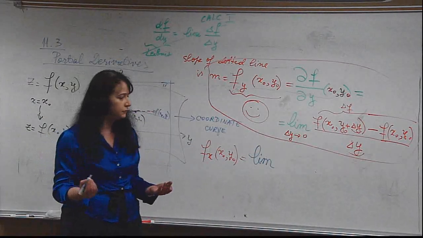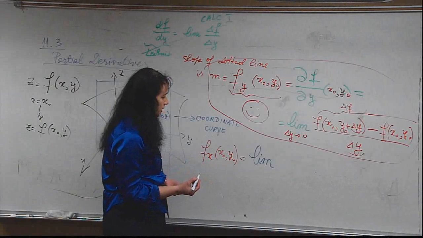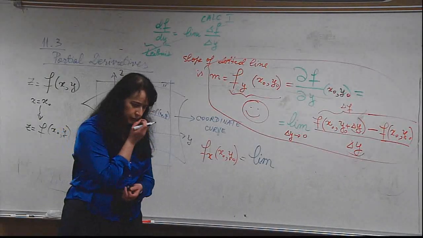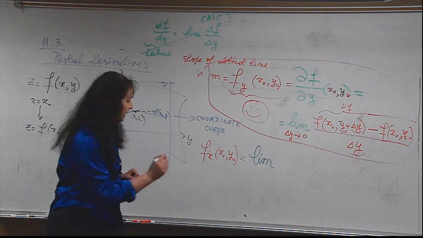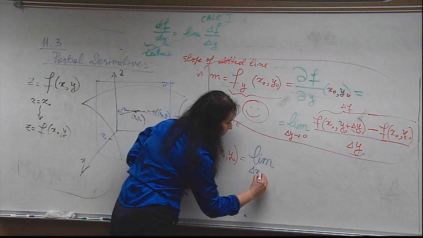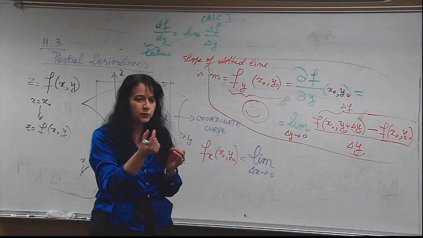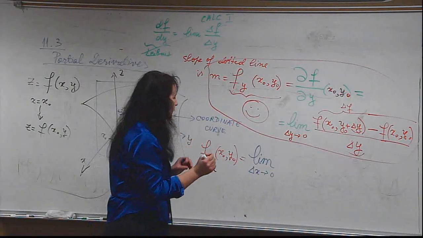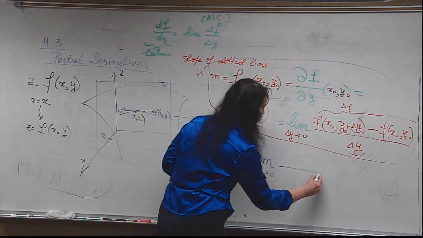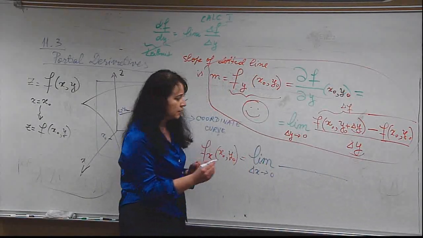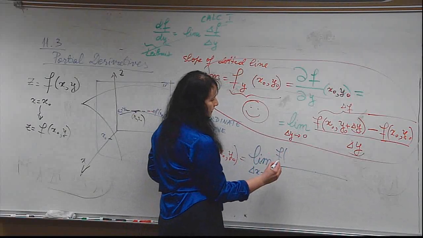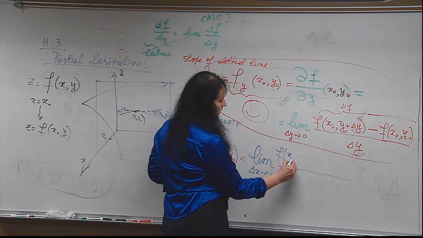That's the limit of a difference quotient. Limit of what? Delta x, excellent. Delta x going to 0. So you shrink, you displace by a small displacement only in the direction of x. So f, at this time x is changing.